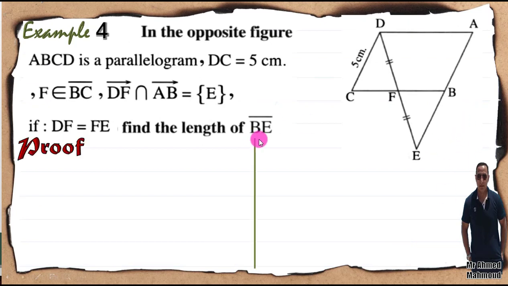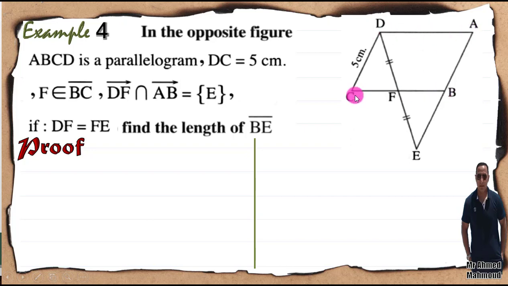Okay, in this example, DC equals 5 centimeters and ABCD is a parallelogram. So DF equals FE, find the length of BE. Okay, here we have a parallelogram. First we have triangle AED. This triangle included a given which is F is a midpoint. So I need another given. The other given comes from the parallelogram. Why?